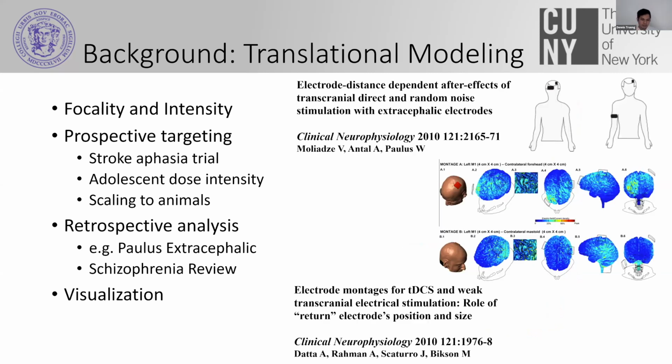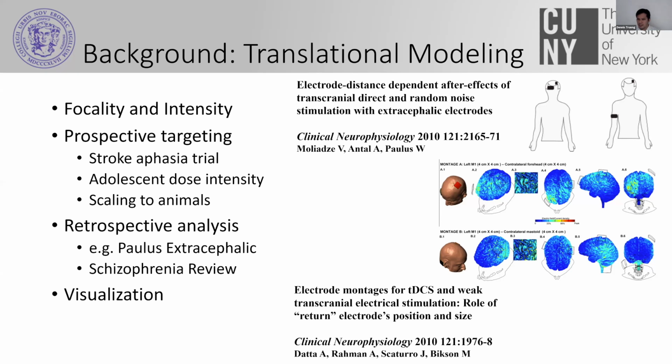It's also possible to do this retroactively. Sometimes a clinician will do an experiment, they'll get a result that might not entirely make sense to them, and then we'll do some modeling to try to address those questions. An example of this is early on, the first time people started using extracephalic electrodes.